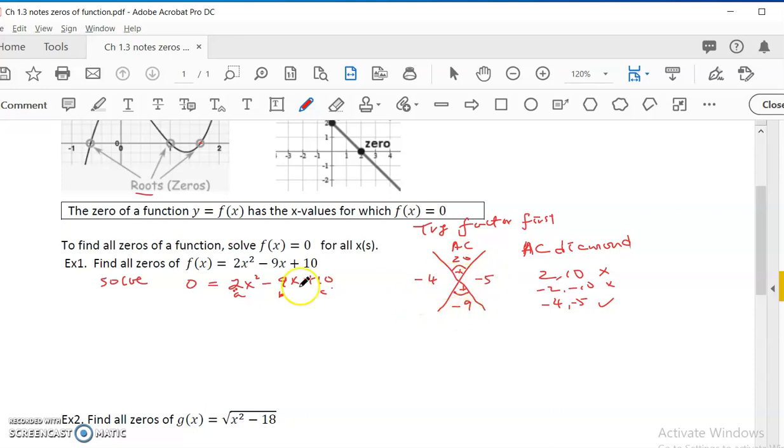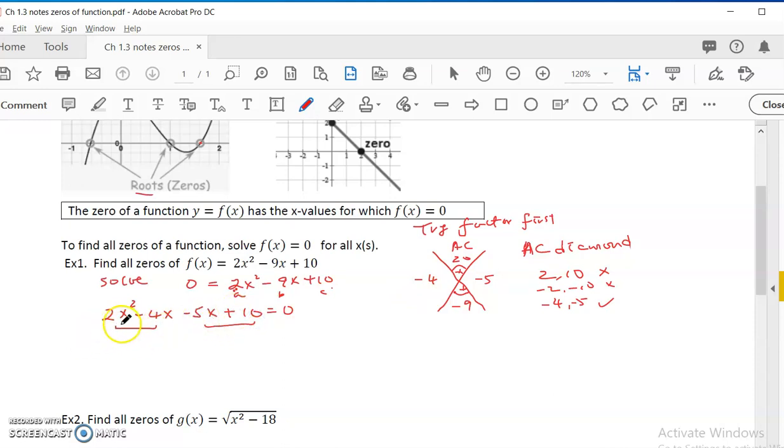I'll use this to split the 9x into two parts. I'm going to write the 0 on the other side: 2x squared minus 4x minus 5x plus 10 equals 0. These two numbers are what you use to split it into four terms so that you can factor by grouping.